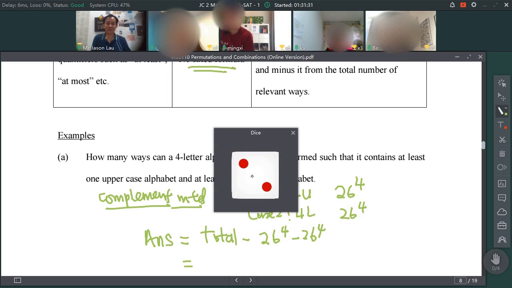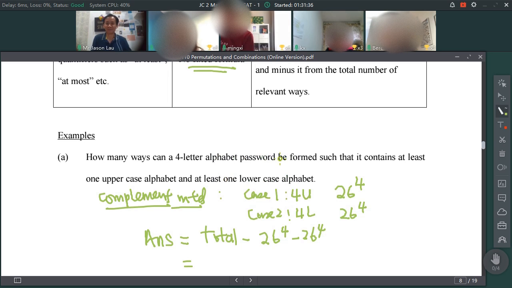Okay, let's do it. Then Mingxi continue. What is the total? What is meant by total? It's 4 to the power of 52.